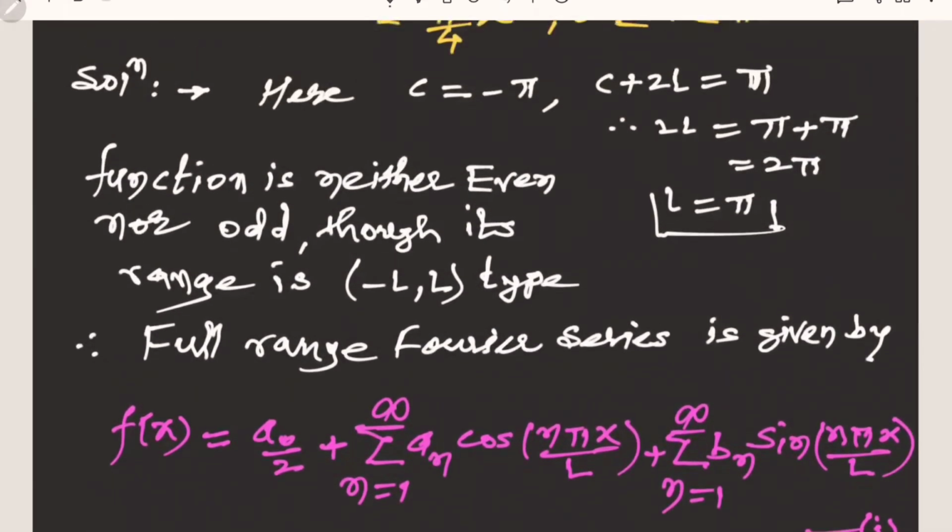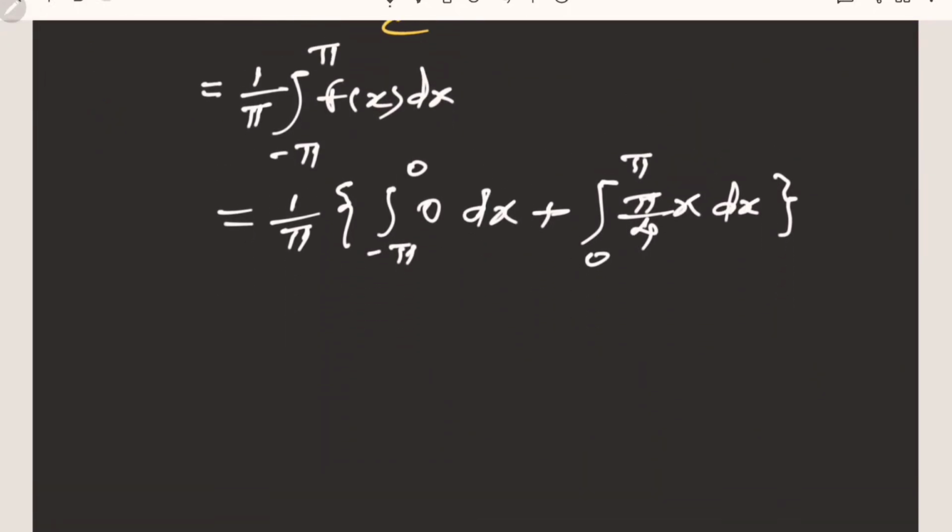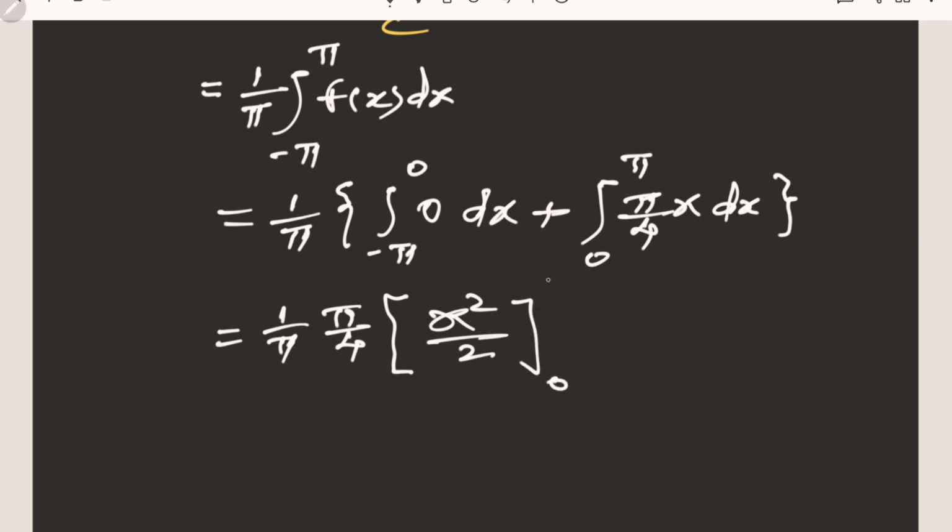The first term is 0, and therefore the integration of the second is 1 by pi as it is, taking pi by 4 outside the integration sign. Integration of x is x square by 2 with limits from 0 to pi.